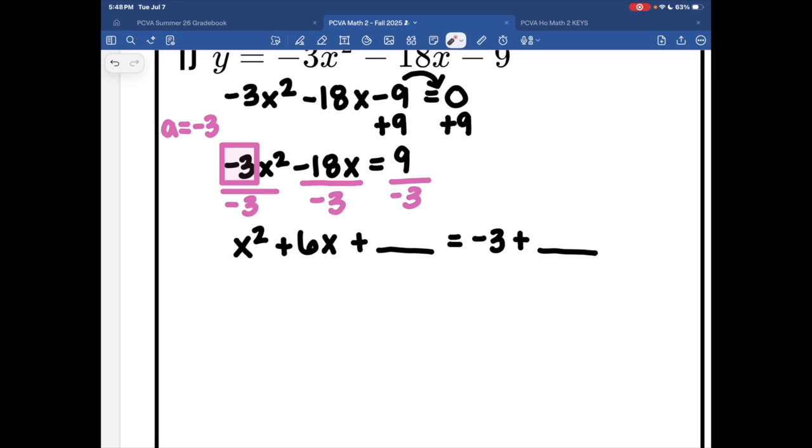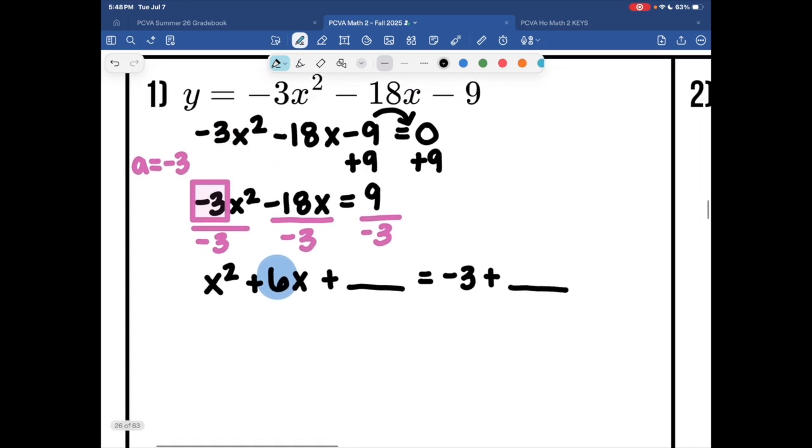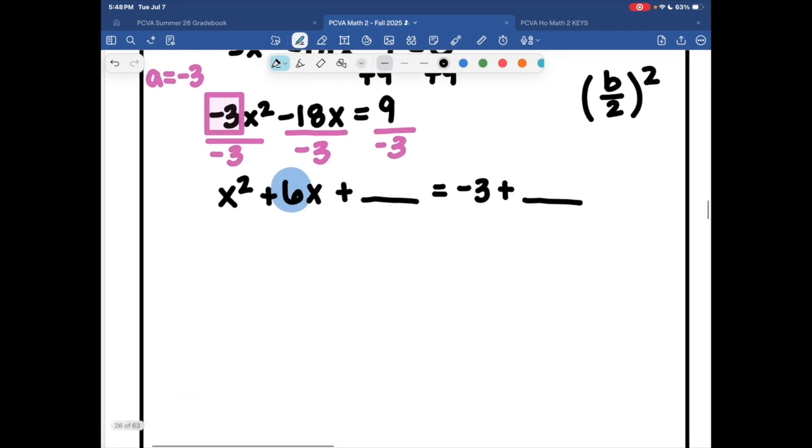So we're going to start by looking at what our b value is. Our b value right now is 6. So we're going to use the formula: b divided by 2, and then we're going to square it. Okay, that's what's going to go in those spots.